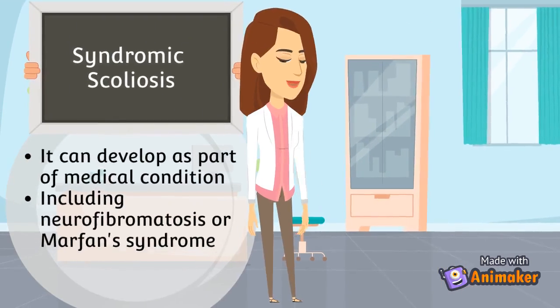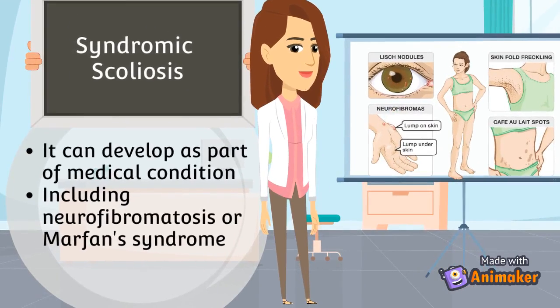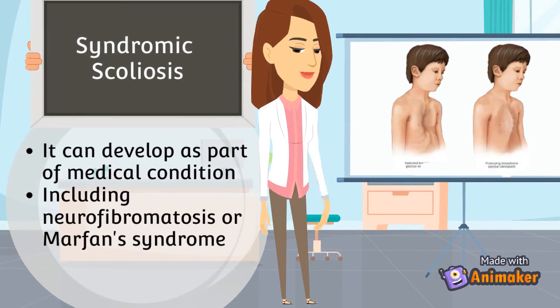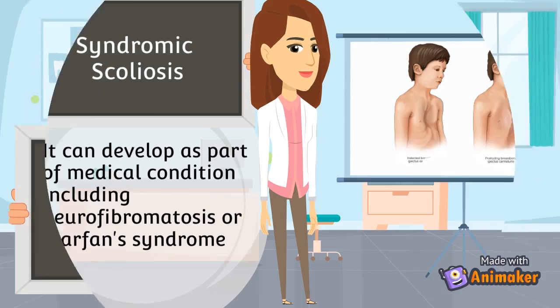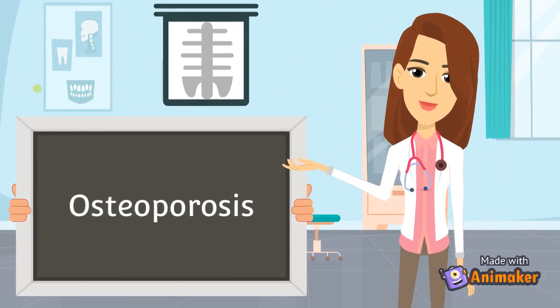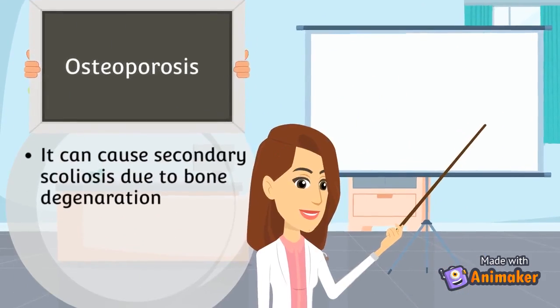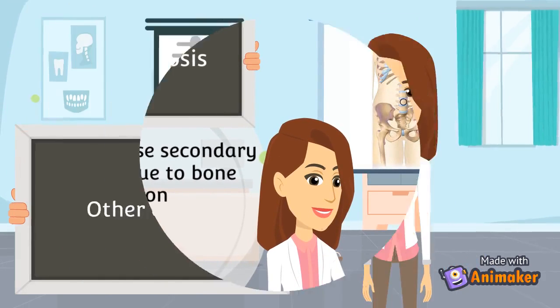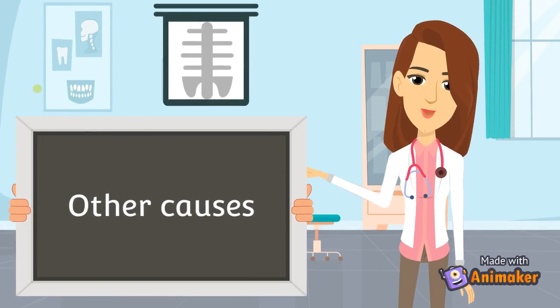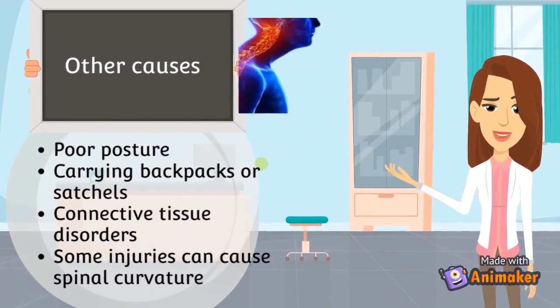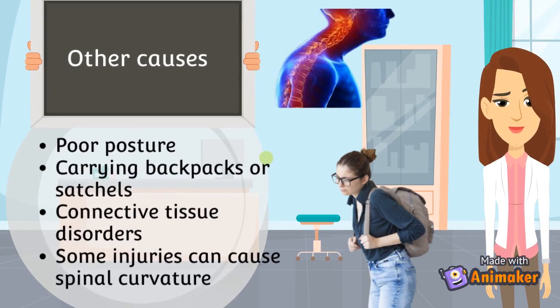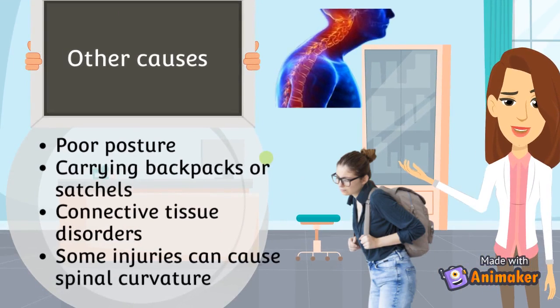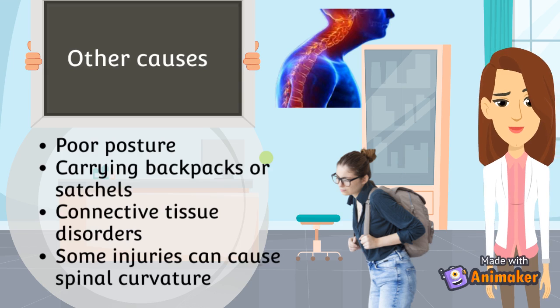It can develop as part of a medical condition, including neurofibromatosis or Marfan syndrome. Osteoporosis. It can cause secondary scoliosis due to bone degeneration. Other causes: poor posture, carrying backpacks or satchels, connective tissue disorders. Some injuries can cause spinal curvature.